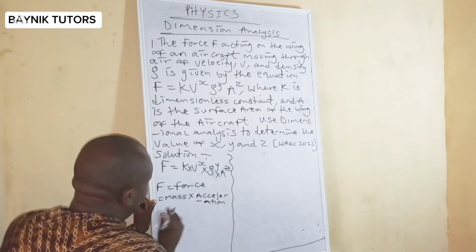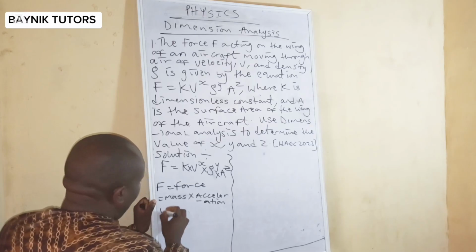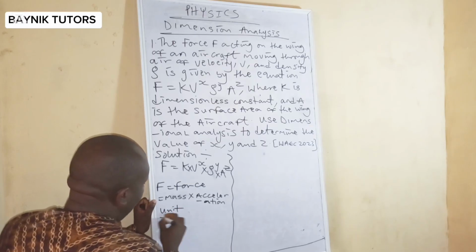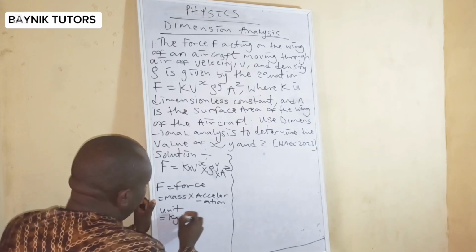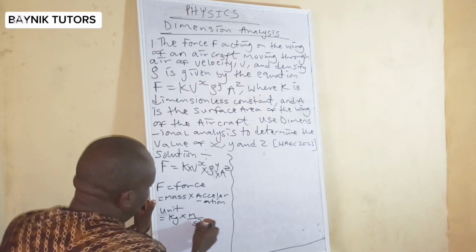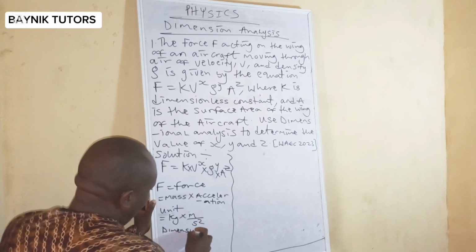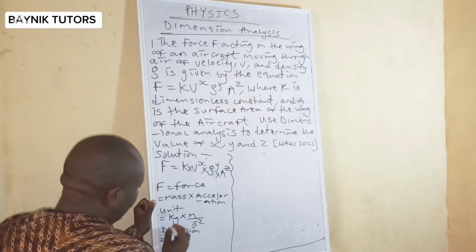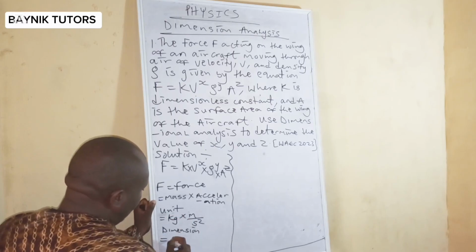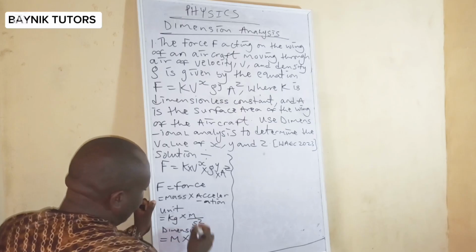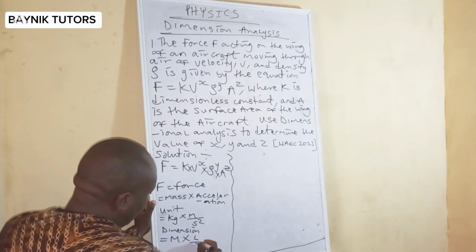Which under units, for the units, I have it as kg times m over s square. So I'll just convert to the dimension directly. My kilogram is denoted with M, my meter is denoted with L, then T square.